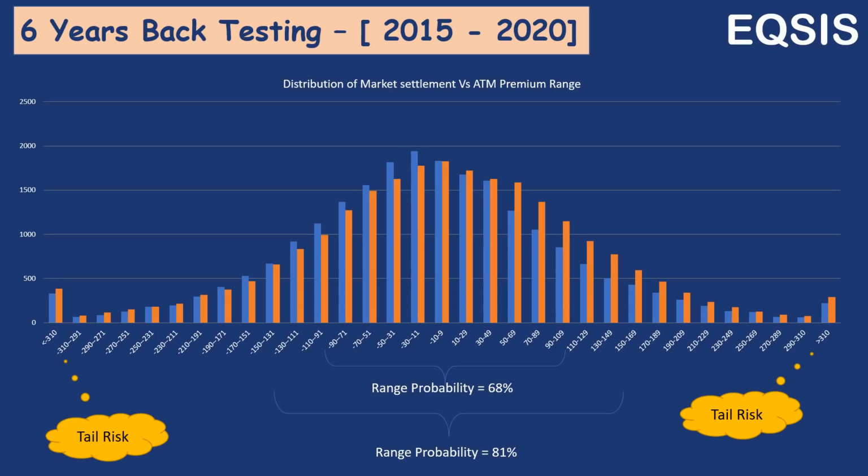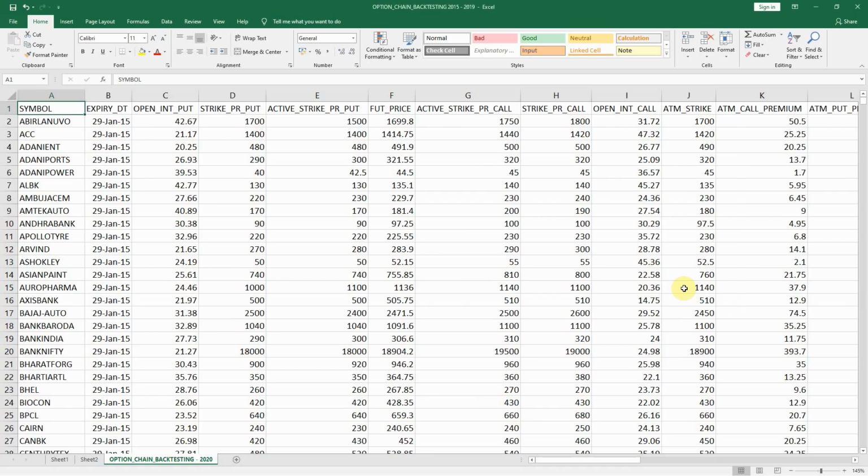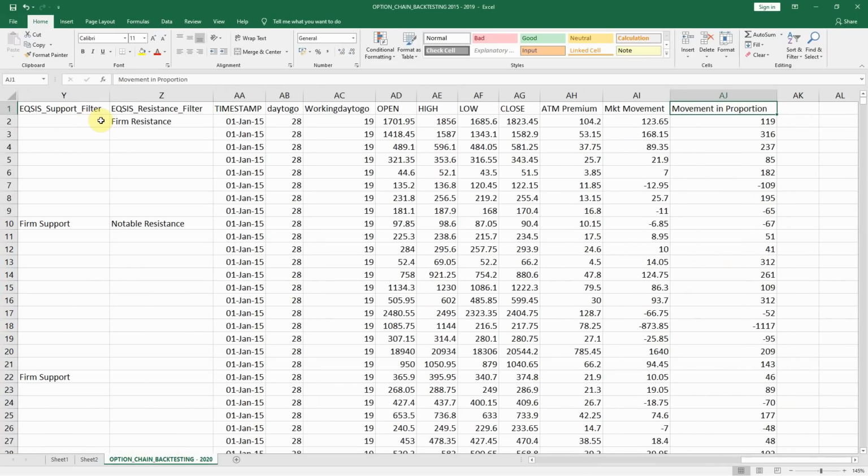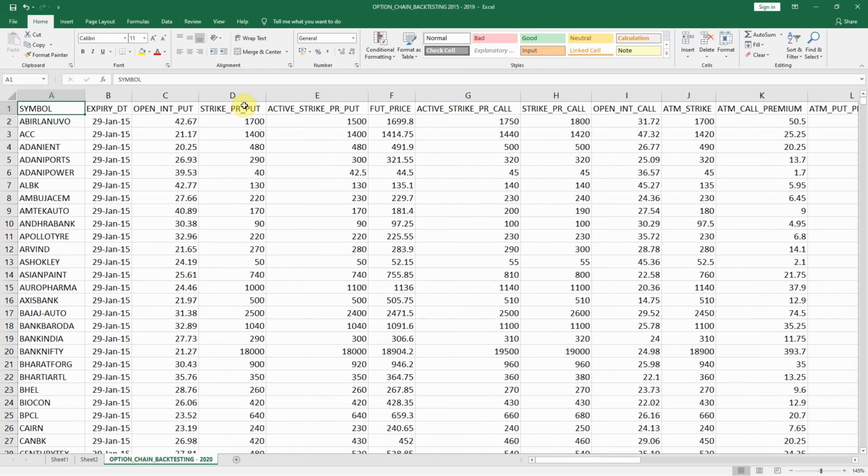You should know that, but for that we need to back test it. Just to build your confidence, you can also go and verify these numbers on the NSE website.